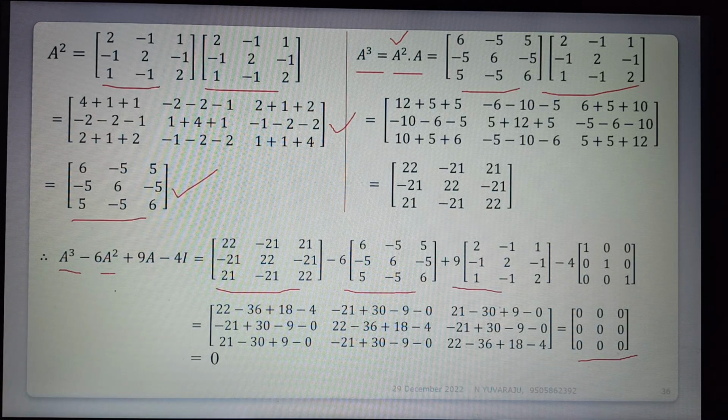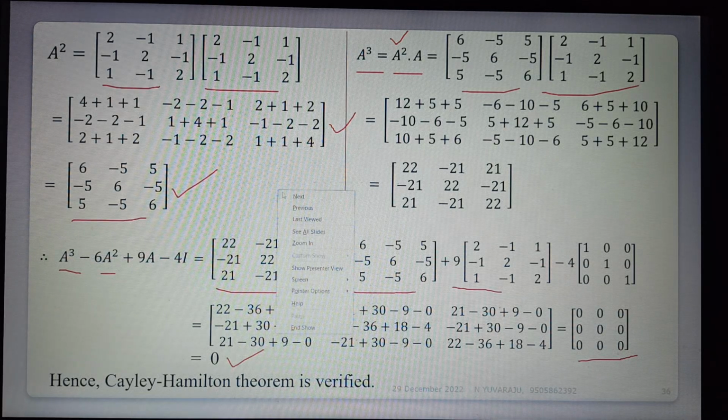So A cube minus 6A square plus 9A minus 4I is equal to the 0 matrix. That means the given matrix satisfies the Cayley-Hamilton theorem. That is verified. Okay? This is the verification of the Cayley-Hamilton theorem.